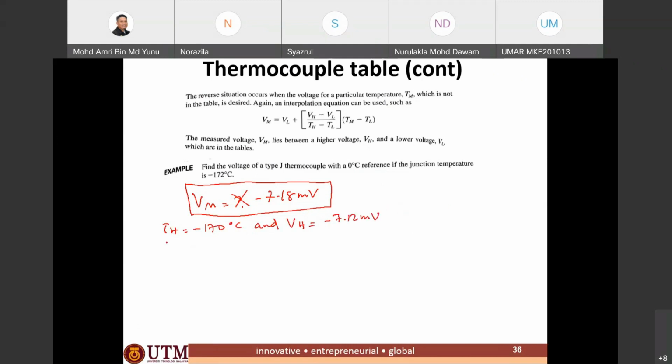And the TL is negative 175 degrees Celsius and the corresponding low voltage is negative 7.27 millivolt. So we use this formula.